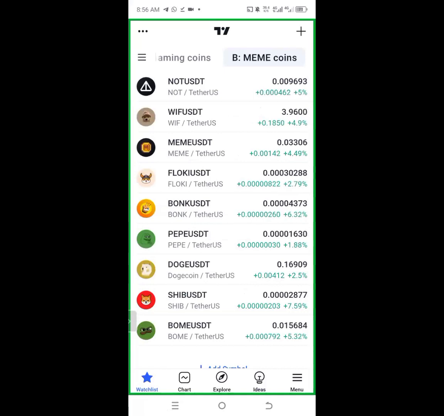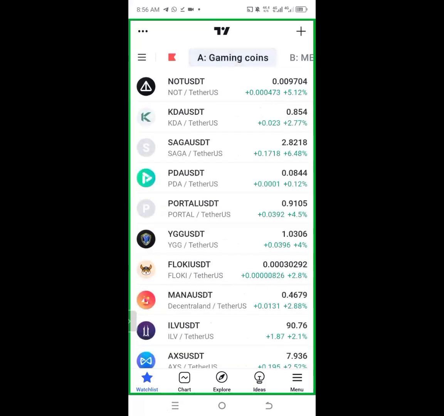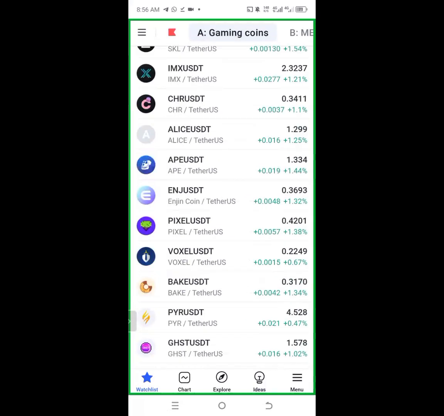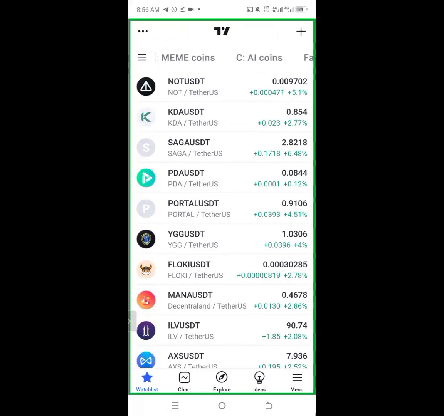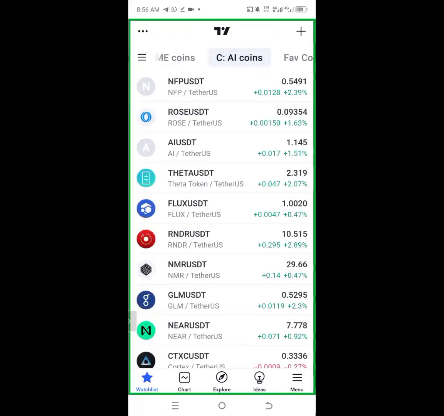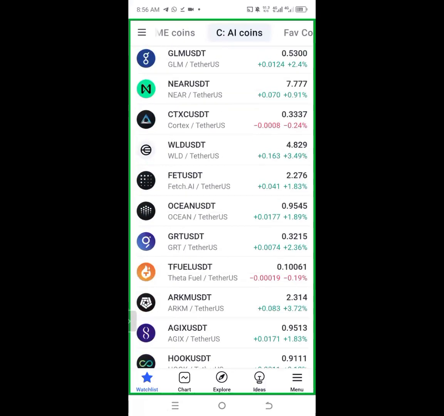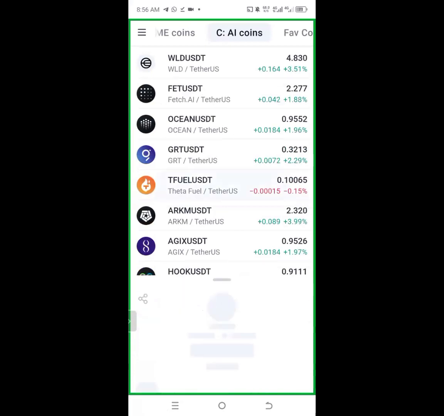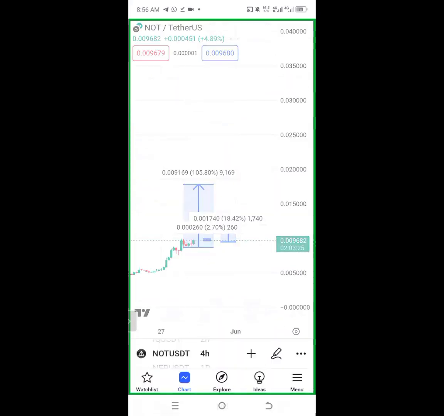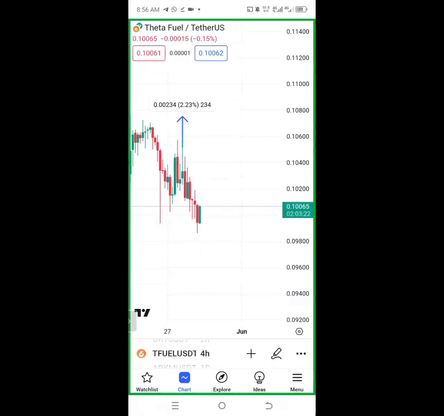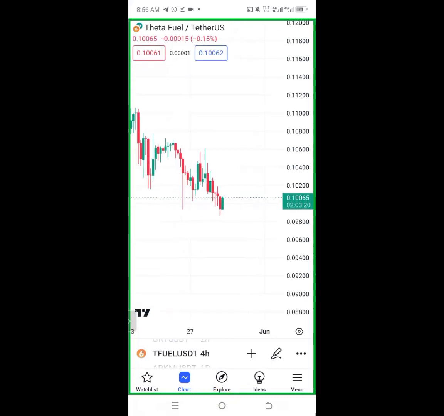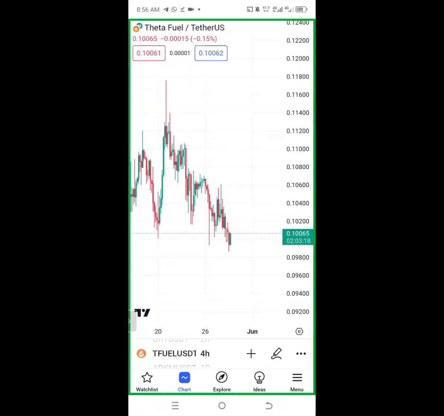Which coin is on a downtrend? Let me look at the gaming coins. Is there any AI coin on a downtrend? All of them are bullish. Okay, let me go to T Fuel. All right. Yeah, this is a good one. This is a downtrend market.